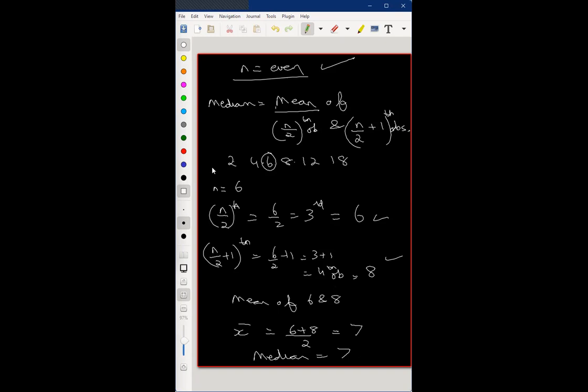Again, the first step remains the same. We arrange the data in ascending order. The second step is to find the n by 2th observation. The third step is to find the n by 2 plus 1th observation. And the fourth step is to find the mean of those two observations. Remember, it's not the mean of 3 and 4.